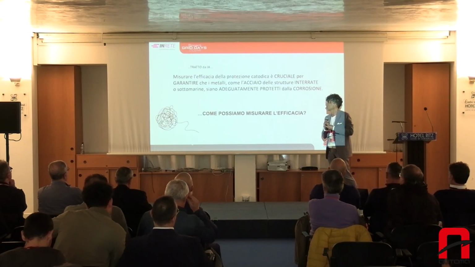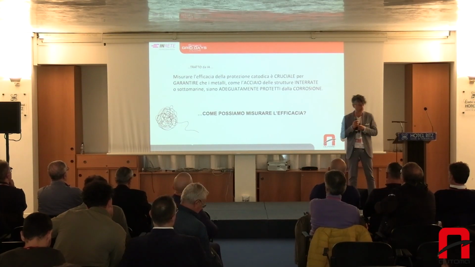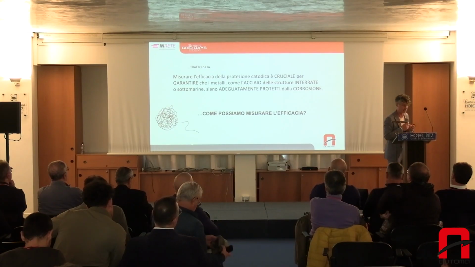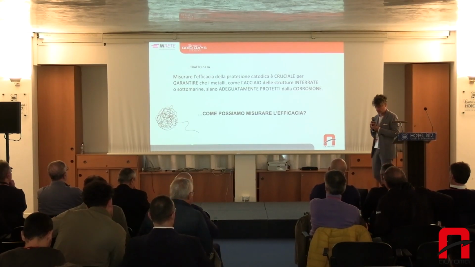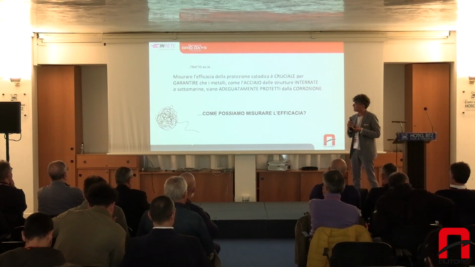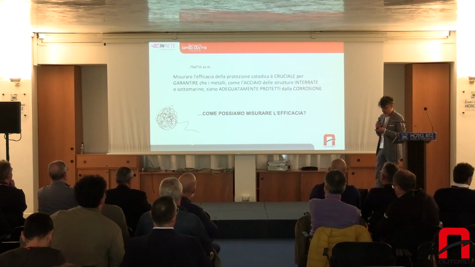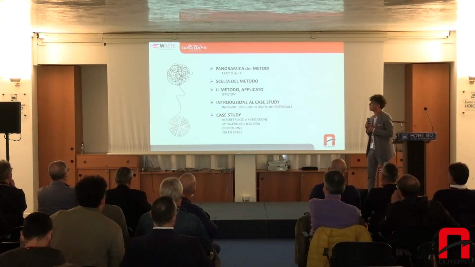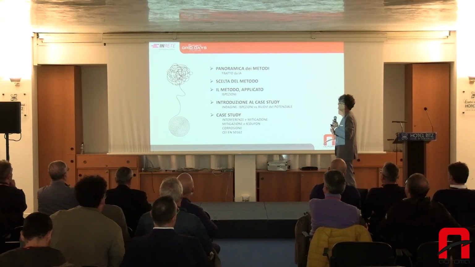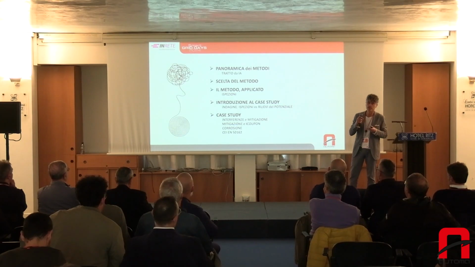Actually, we are trying to describe how we can measure the effectiveness of cathodic protection. I've played a bit with artificial intelligence, as my other colleagues have done. Artificial intelligence is giving us some information and also providing interesting opportunities to choose certain methods.